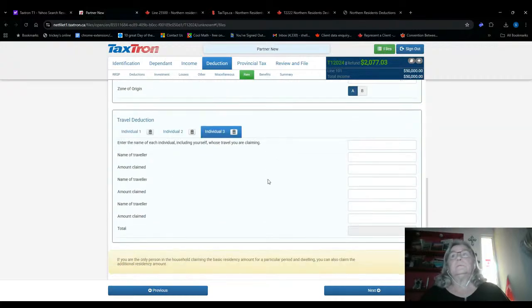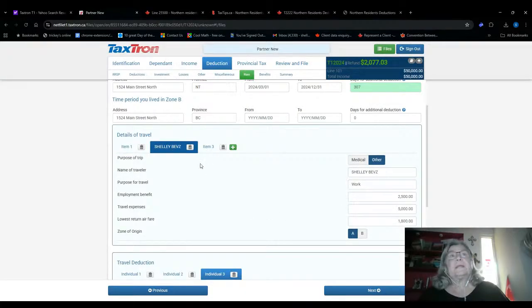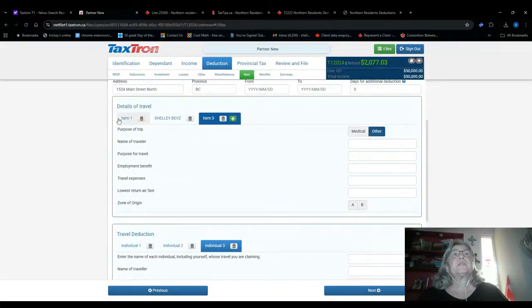Okay. So in essence, we've got the $3,377, and in this case, we've got the $1,200. In this case, we had a $5,000 reimbursement, $1,800 if you're on other. And item 3 is nothing. Now, remember the travel deduction is separate.